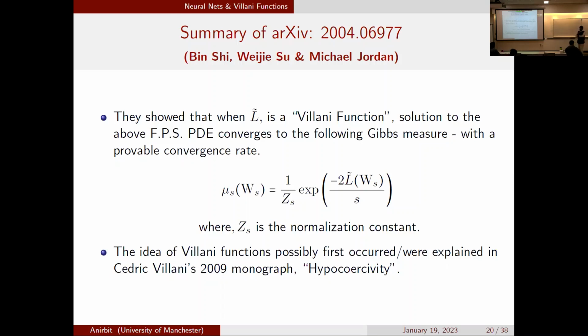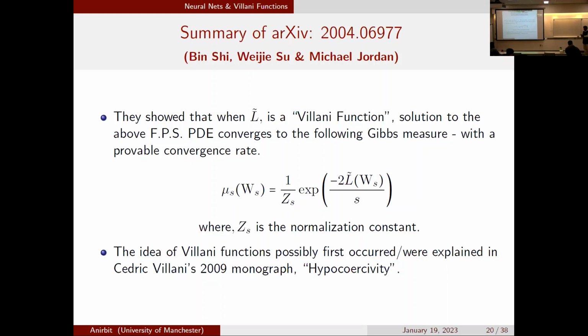That this PDE has a stationary distribution. The stationary distribution happens to be the Gibbs measure, and you can actually compute how fast the convergence happens to this Gibbs measure, and your ability to compute the rate of convergence essentially comes from the assumption of the Villani structure. So I really would like to emphasize the distinction here.